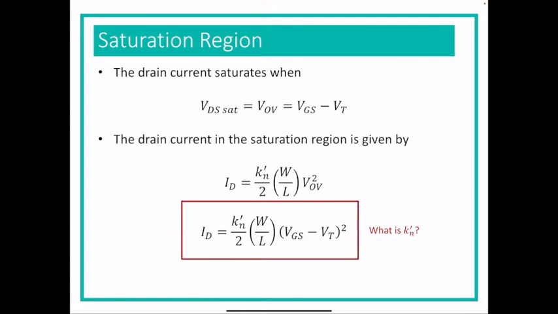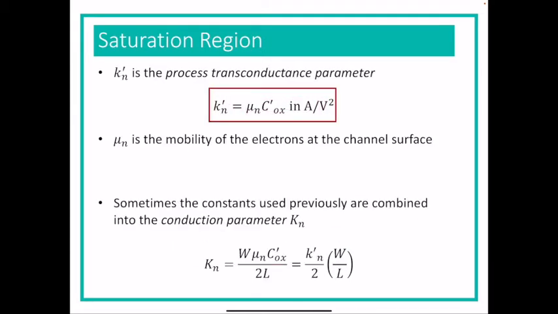What is that? Kn prime is something called the process transconductance parameter. Fancy name for just something that takes into account the capacitance and the mobility of the charge carriers. So the mobility of the electrons at the surface, which is going to be different, and you're not ever going to have to calculate it.